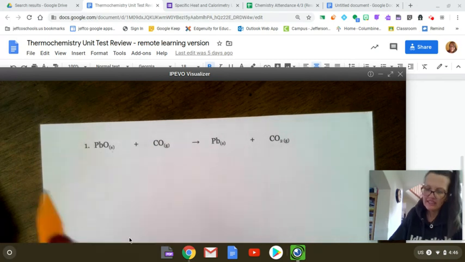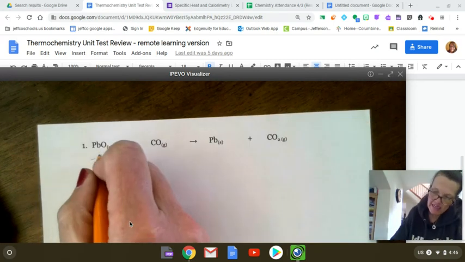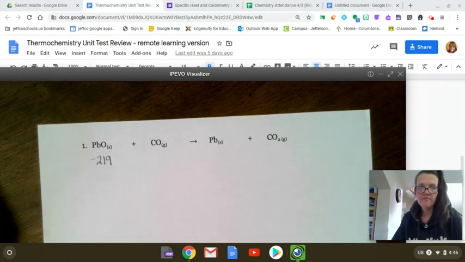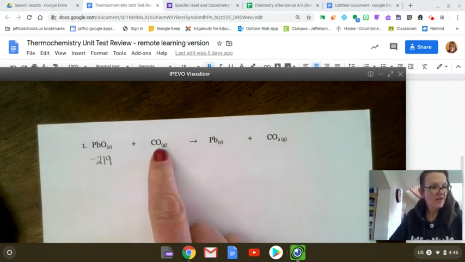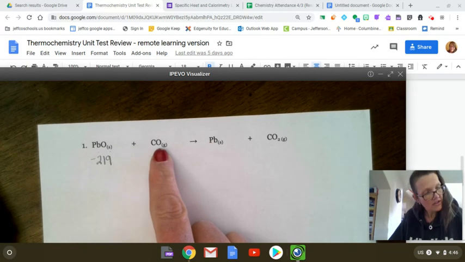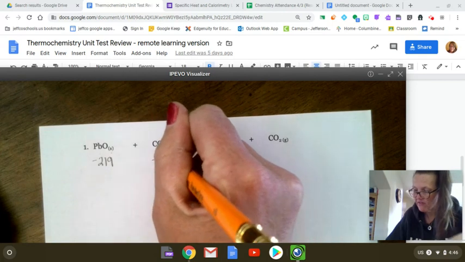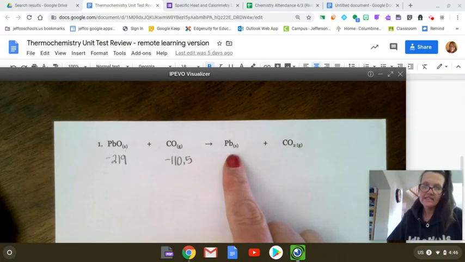So lead oxide has a value of negative 219. Then I'm going to do the same thing for the carbon monoxide. Carbon monoxide, the gas form, is negative 110.5.